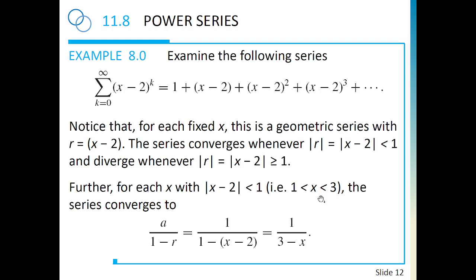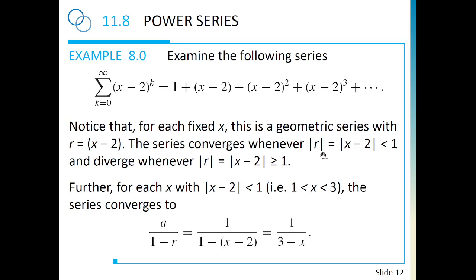So that means that this geometric series here, which is also a power series, is convergent for all values of x between 1 and 3. So whatever value of x I plug here, I'll get the convergent series. So whatever value between 1 and 3 I plug, series will be convergent.